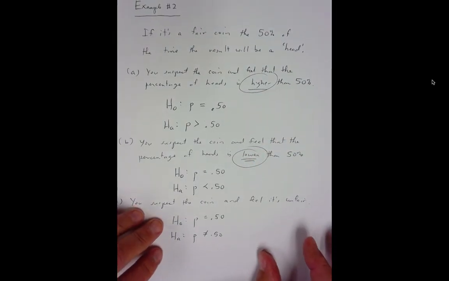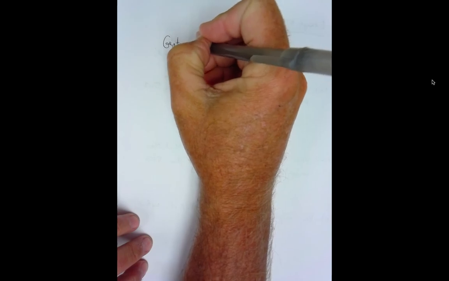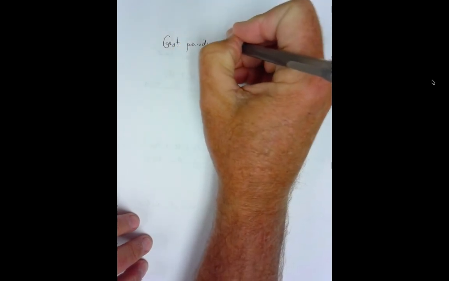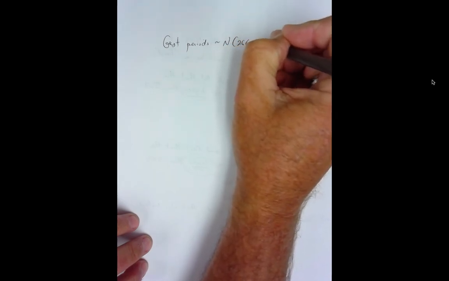Okay? Now, guys, we've seen previously that gestation periods follow a normal distribution with 266 days mean, 16 days standard deviation.